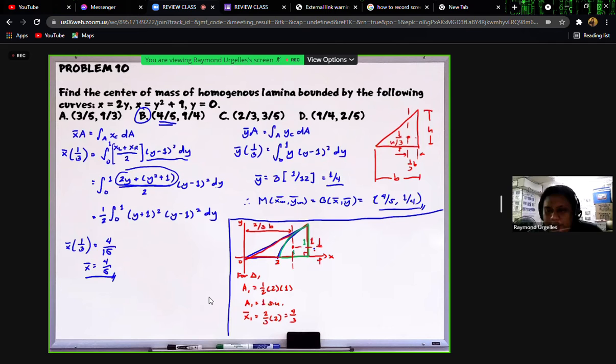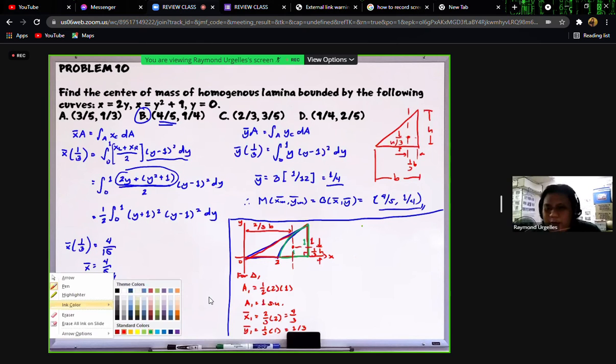Then the distance from the x-axis, that's from the base, is 1/3 of the height. Our height is 1 unit. So y1 bar is equal to 1/3 of 1 unit, which is equivalent to 1/3. Okay? So we have the triangle.